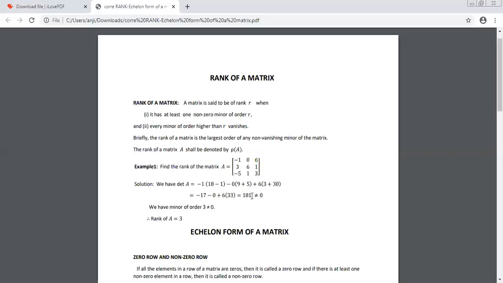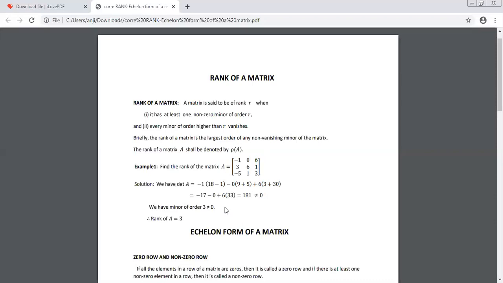In total this value is equal to 181, that is not equal to 0. So we have the minor of order 3 not equal to 0. So from this definition, the rank of a matrix is the highest order of any non-vanishing minor of the matrix. So the minor of order 3 is not equal to 0. Therefore, rank of A is equal to 3.